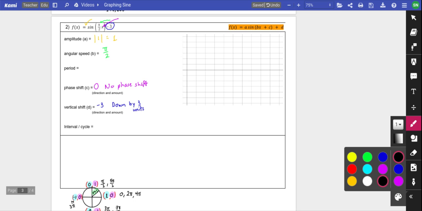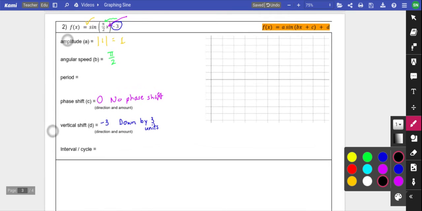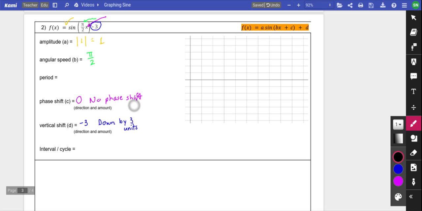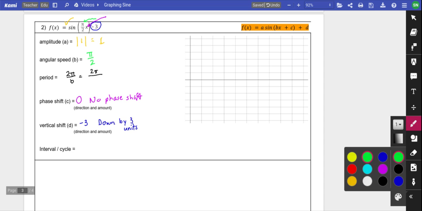Okay, next we need to calculate the period. Since we're doing it in radians, period is 2 pi over b. We write down 2 pi over, and then b is pi over 2. We're going to have to simplify this.